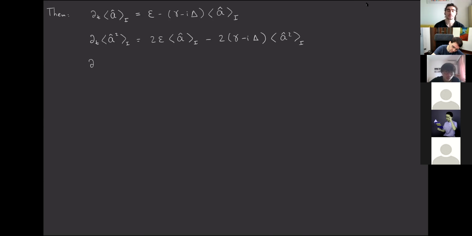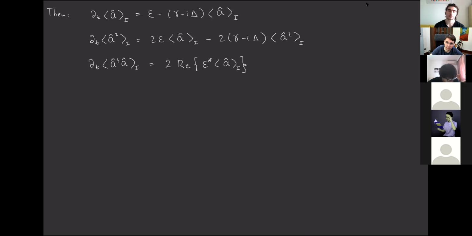And now if you do the same with A dagger A, this is the last one we need, then you will find this expression in this case.